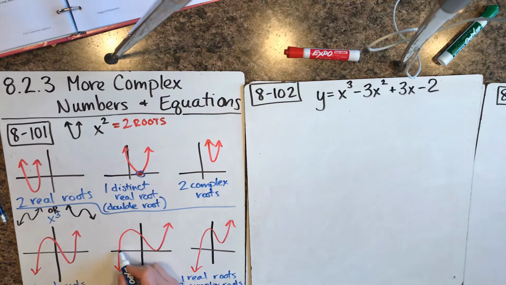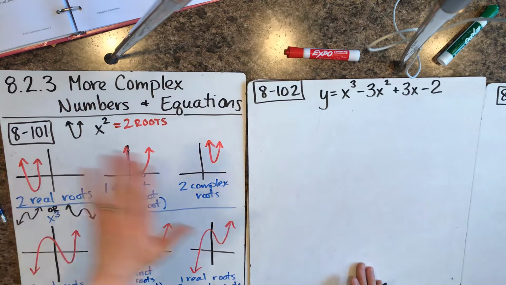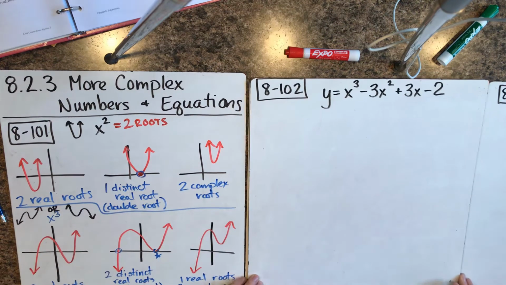This one has 2 distinct real roots, and this one right here counts as a double root because it bounces. Because it's a double, it counts for 2, and then this one is 3. That's where we're getting our 3 roots. And that's just a reminder what it looks like graphically.